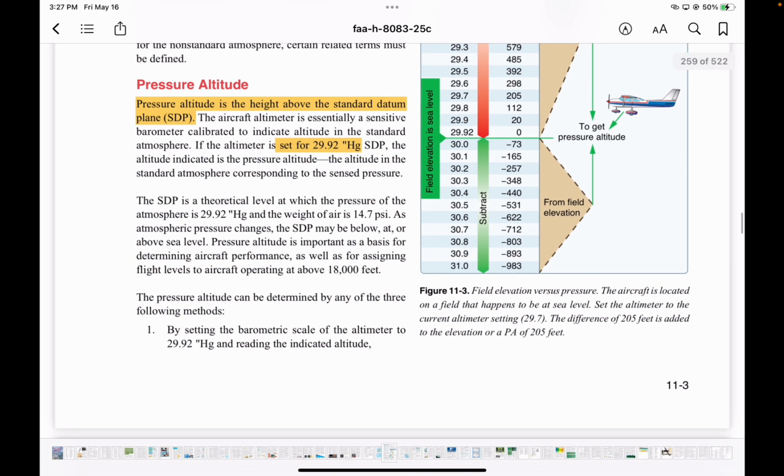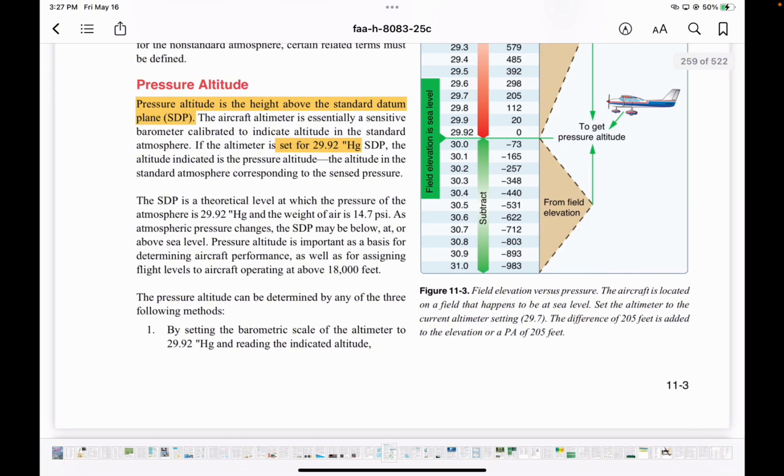Okay, pressure altitude. You might want to write this down in your notes, but this book defines pressure altitude as the height above the standard datum plane. What does that mean, standard datum plane? The standard datum plane is basically an imaginary plane that the scientists made up. It's imaginary. Why did they do that?